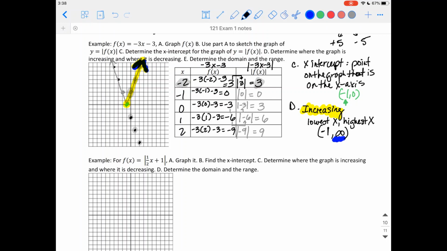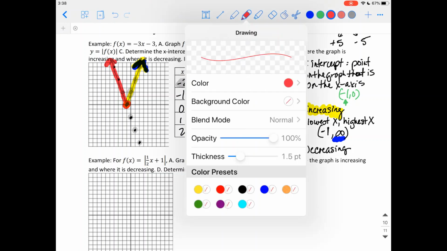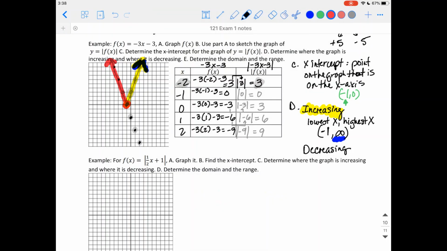It's also asking us when it's decreasing. Decreasing is going to be this part of the graph starting from this point and going this way. That's when it's decreasing because it has a downward slope. So it's still lowest x, comma, highest x.